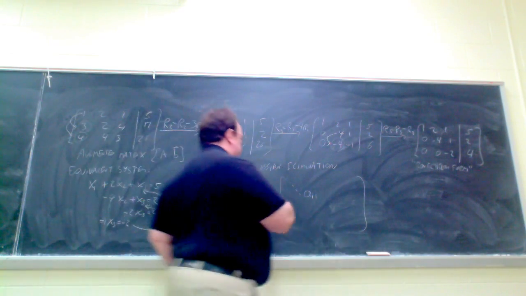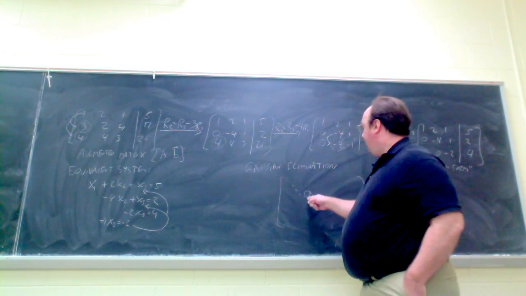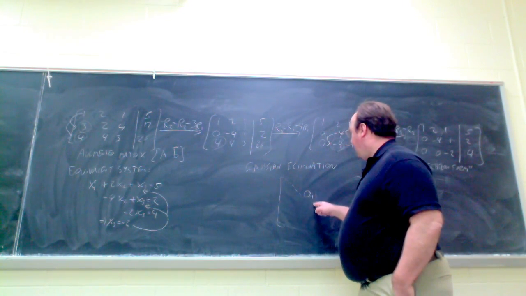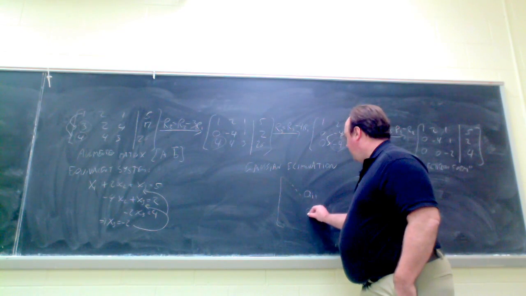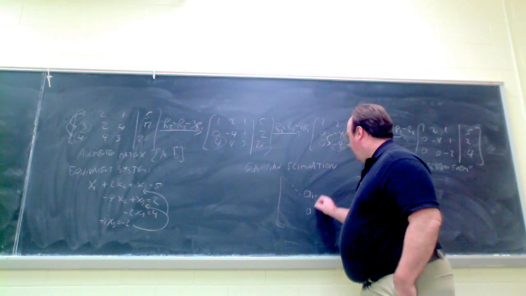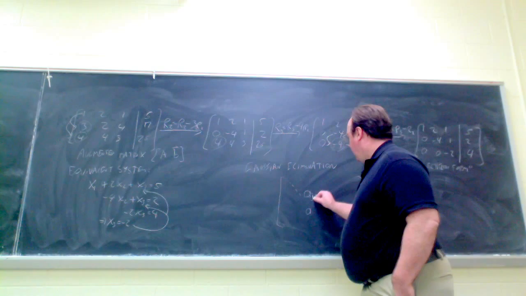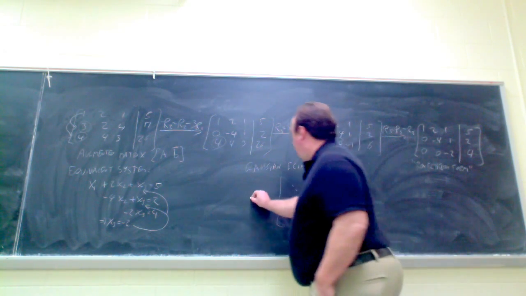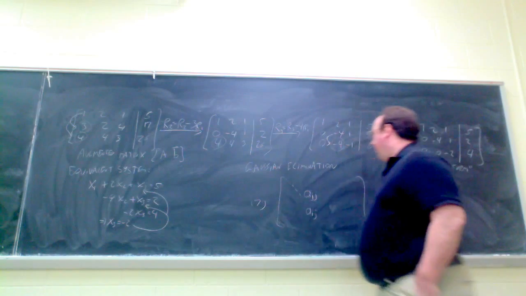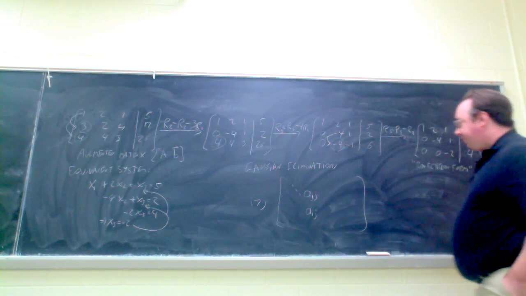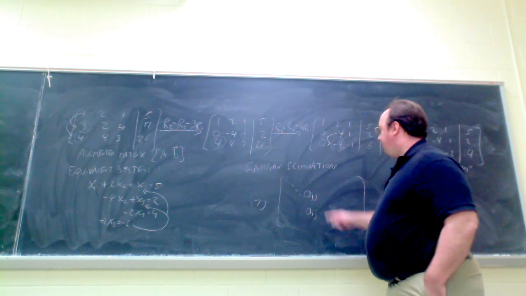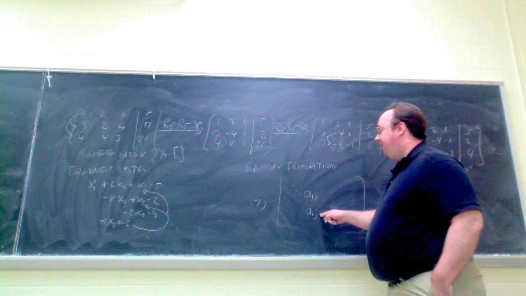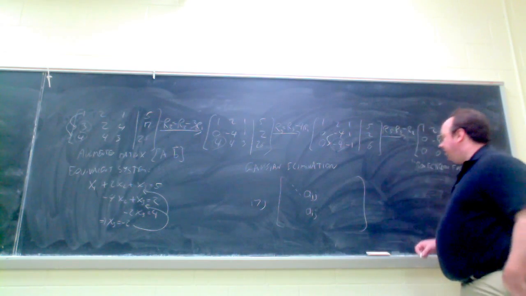So more generally, we have some diagonal entry A_jj that we're going to use to eliminate an entry A_ij down below. So i has to be strictly greater than j. We want to find a multiple of this row to subtract from this one.